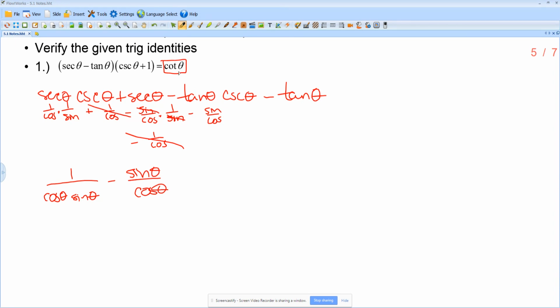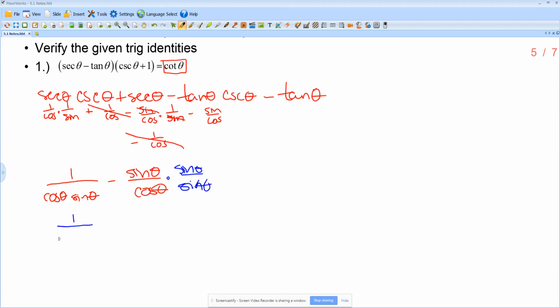When I look at this, I see that I am trying to get this down to one term, which means I'm probably going to want to combine these two things so that I can create just one term. So if I want to combine them, they're fractions, and what I need to combine fractions is a common denominator. So I'm going to have to multiply by sine on top and bottom.